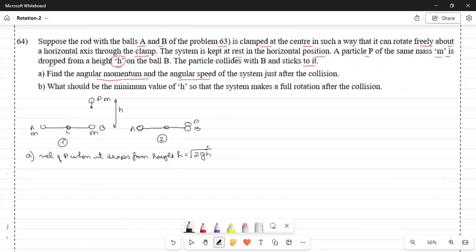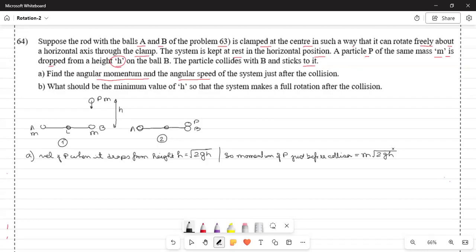This is the velocity of P. And so, what is the momentum of P just before collision? It is mass multiplied by this velocity, that is m under root 2gh.